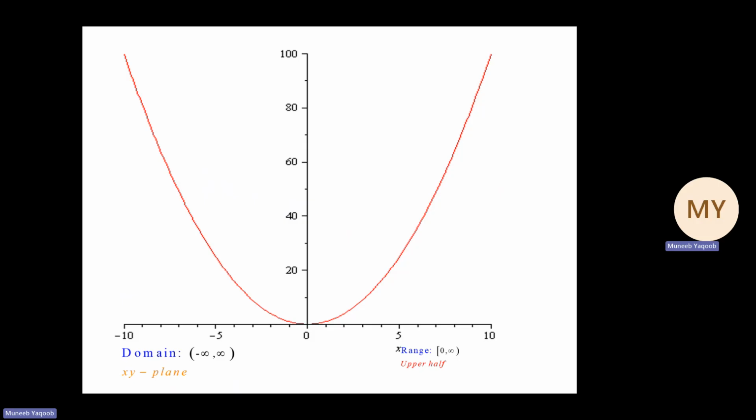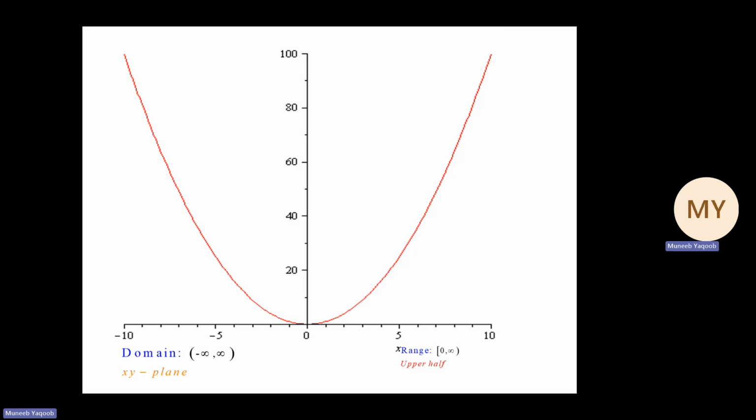Here in this diagram, you can see that the lowest point of this graph is at x equals 0, where y is also 0. This lowest point of the graph is known as the vertex of the parabola.